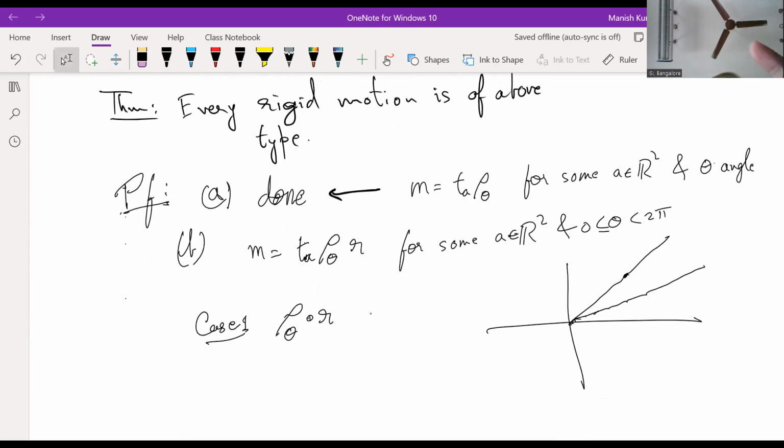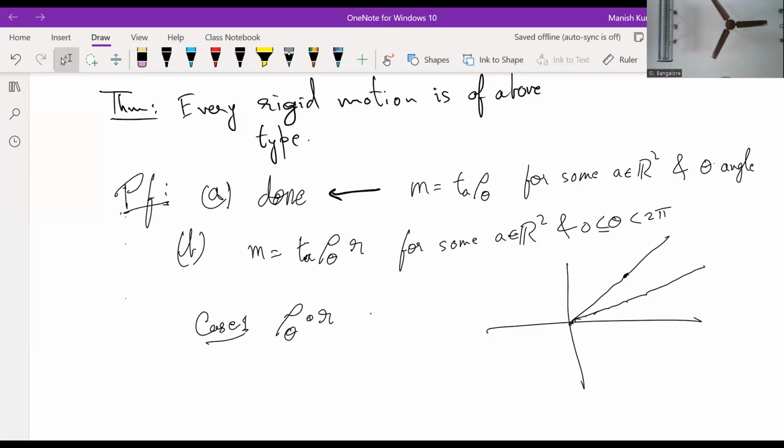Case one is, suppose there is no translation. You are translating by the zero vector. So there is no translation, just rho theta composed with R. In this case, reflection by the x1 axis and then rotating by theta is the same as reflecting along some other line.